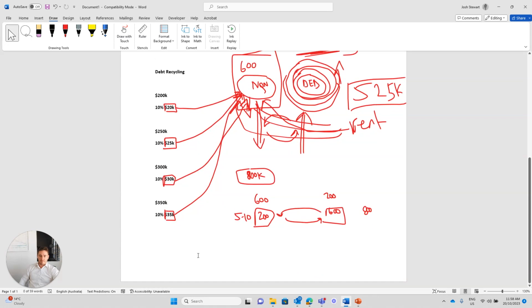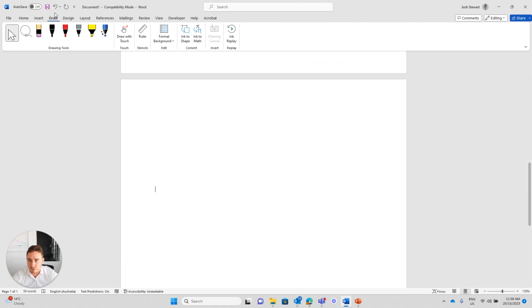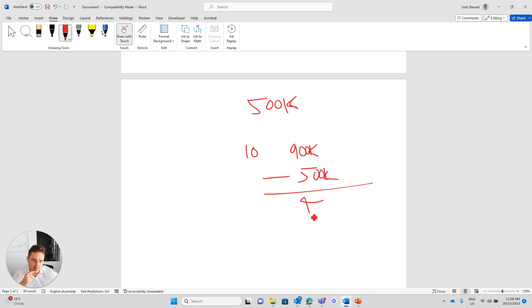It's a bit messy on this page, but let's have a look at it. So say we bought for 500, and then in 10 years' time, that's worth 900. Your loan on that property, if you're only paying interest only, is still 500. But you've got 400 of gain that you can go back and pay off your home loan.